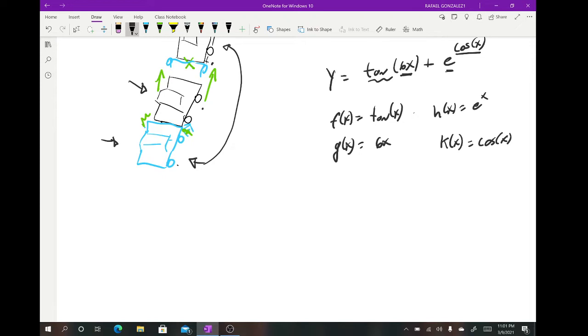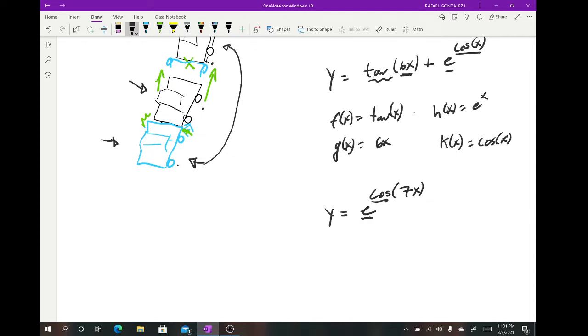So an example of that will be something like y, to make it like the 3 vehicle example, something like e to the cosine of 7x. If you were to take the derivative of this, you have 3 functions in this composition.